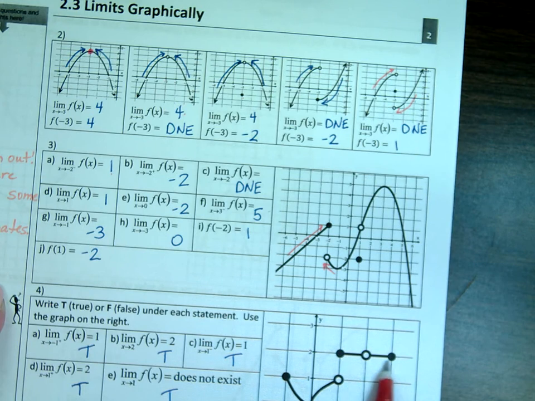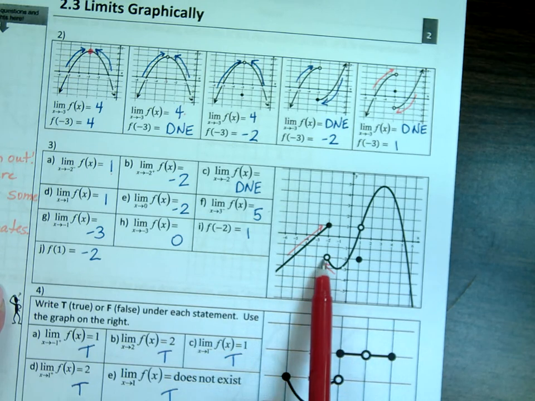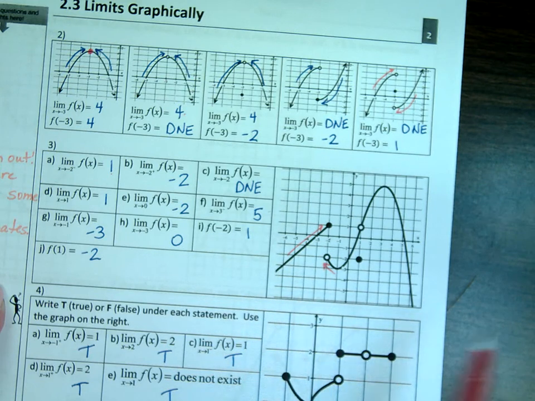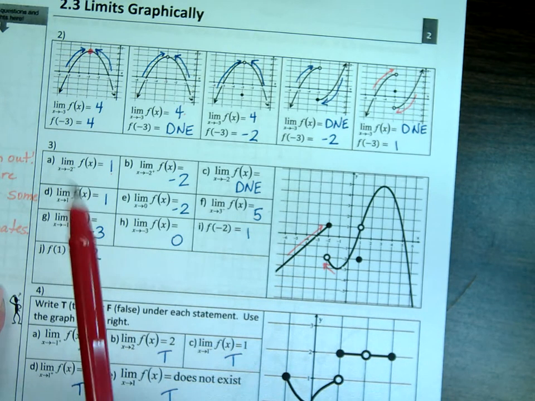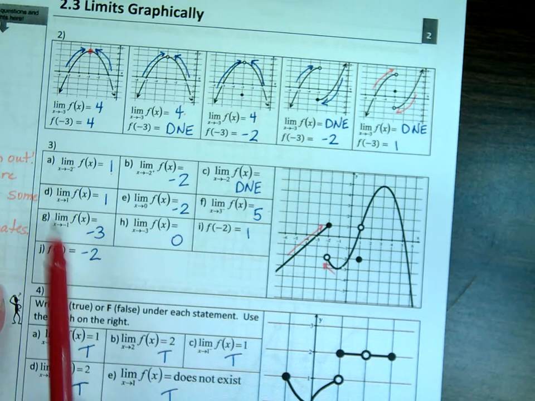From the right, I get 2. Therefore, the limit exists. So this one is one where the limit would be 2, because from both sides I end up getting the same y value that it's approaching. This one, it's approaching different y values, and that's why the limit doesn't exist. All right. Ask away more if you need more clarification on that.